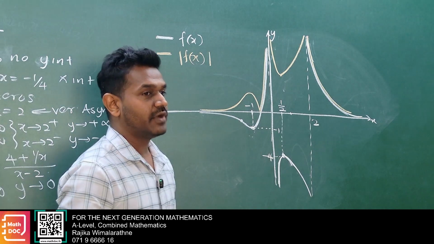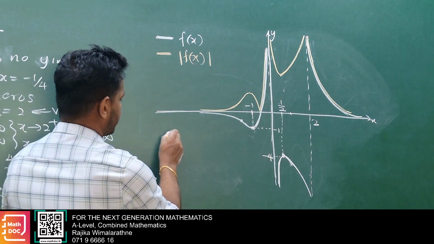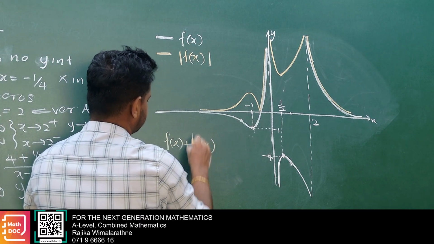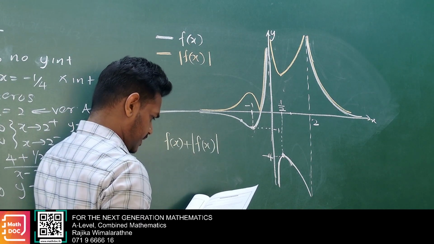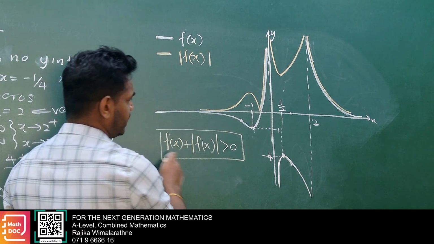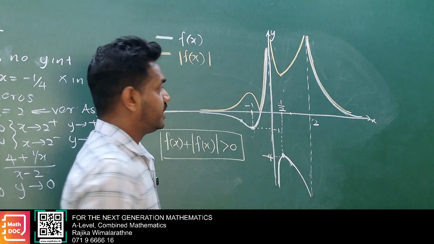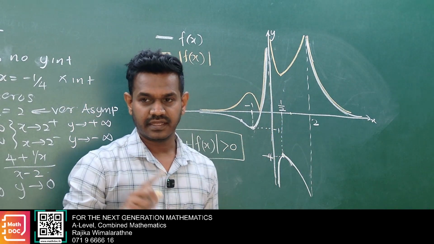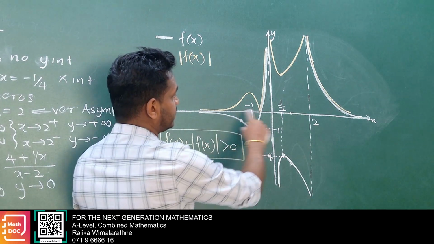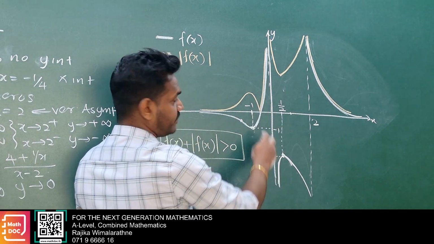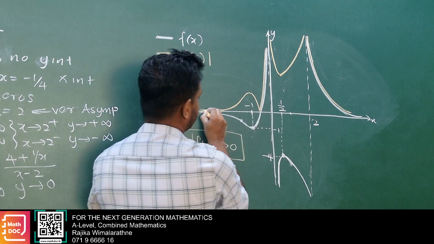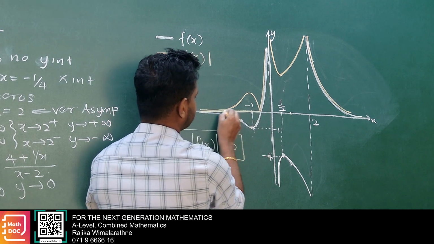Then we have to think about addition: f(x) + |f(x)|, that is given greater than 0. See clearly. Now you have to add the white color graph and the orange color graph. When you add these two, it will get 0, since positive and negative only change sign. So from here to here, the addition is the yellow color one.